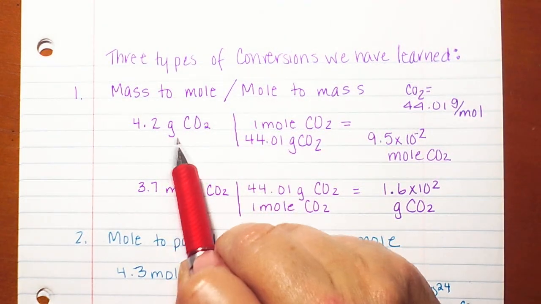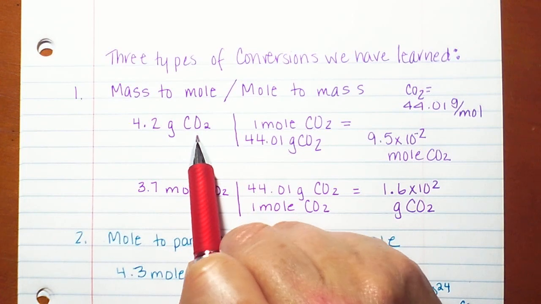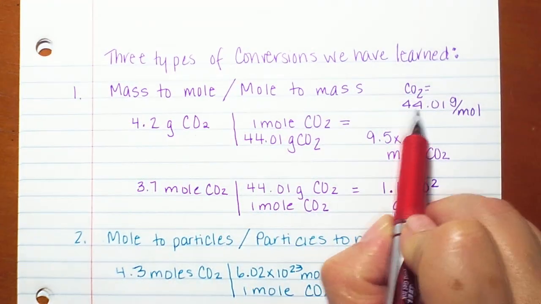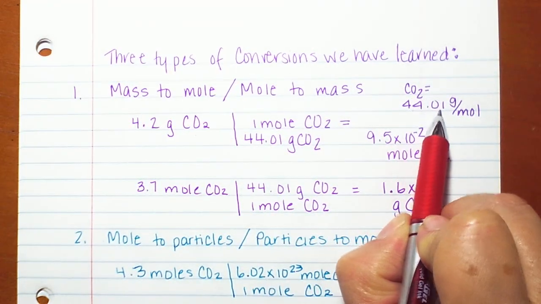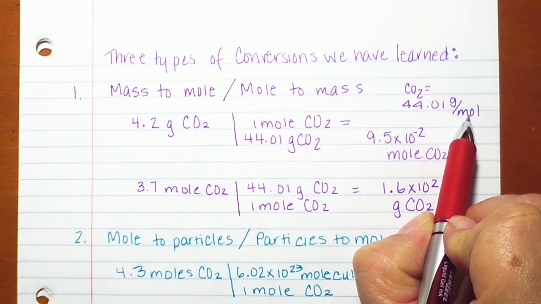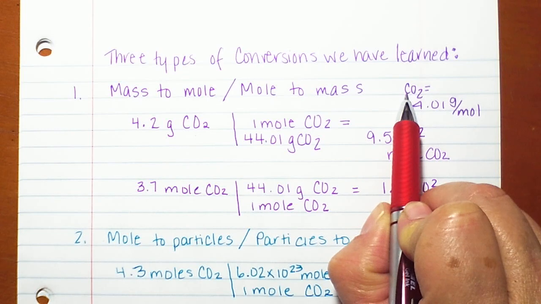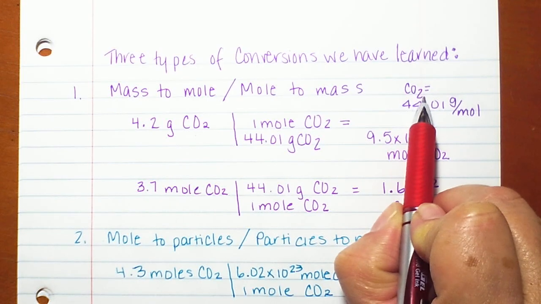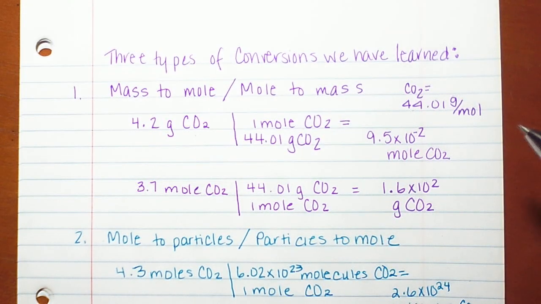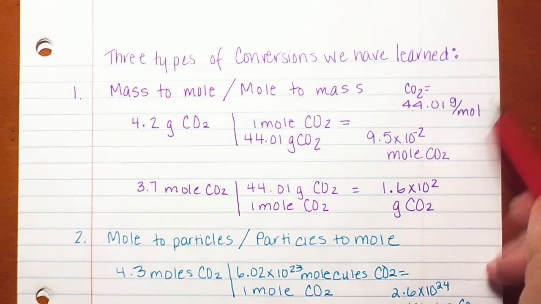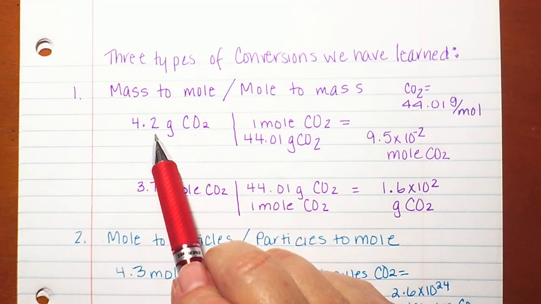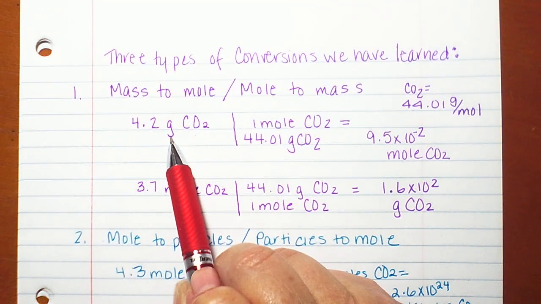So if I have 4.2 grams of carbon dioxide, I calculated that carbon dioxide is 44.01 grams per 1 mole. I added up 12.01 for 1 carbon and 32 for 2 oxygens at 16 grams per mole each. That gave me 44.01. So if I have 40.2 grams, how many moles is that?